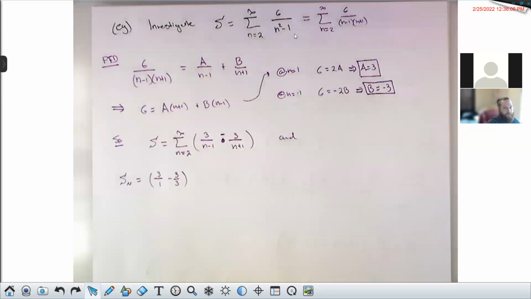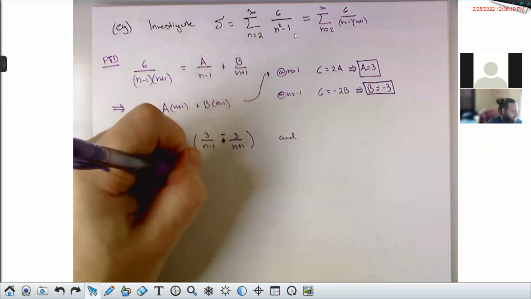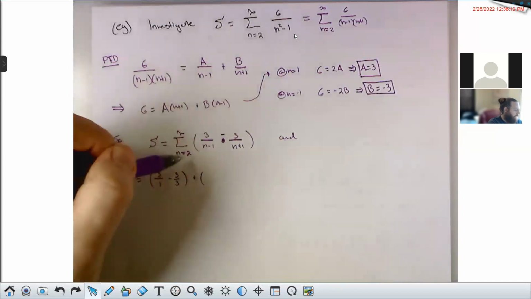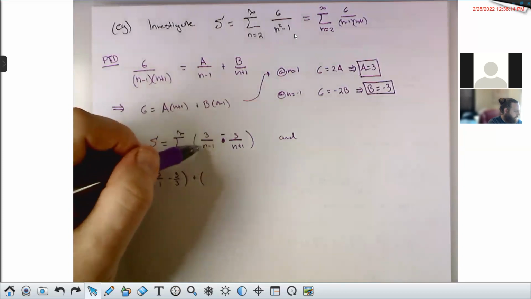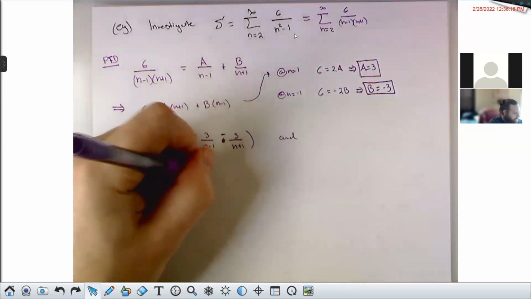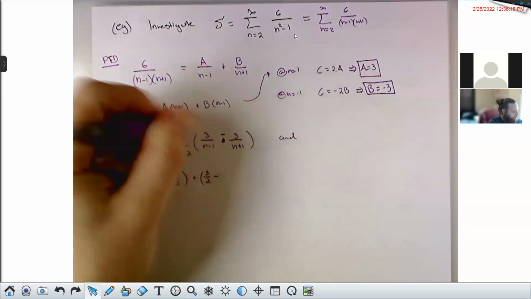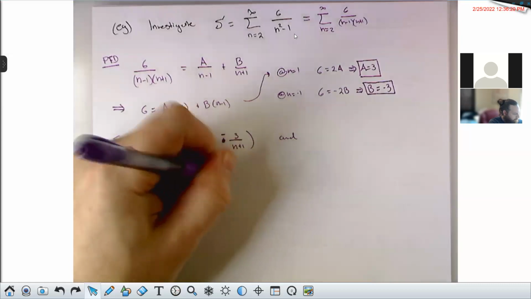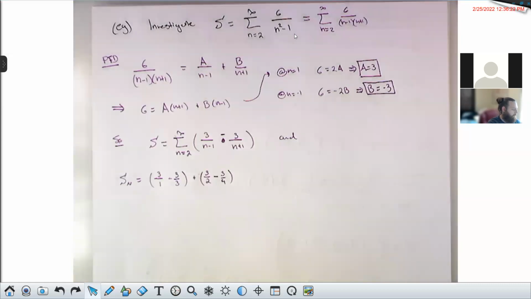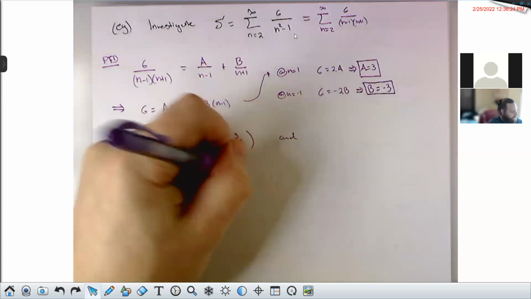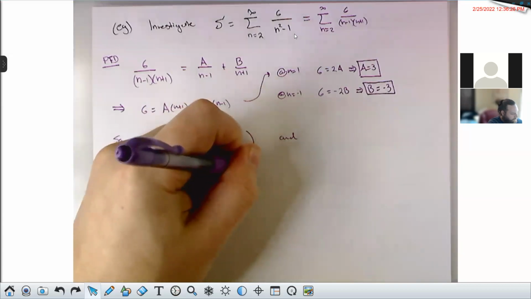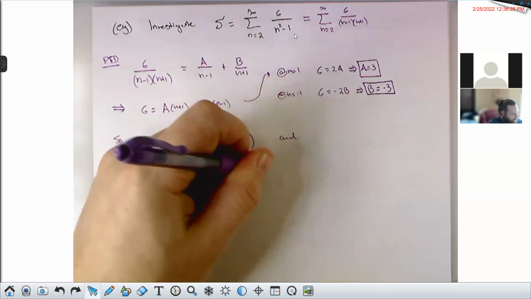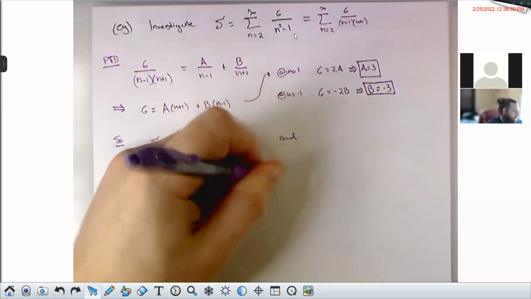And don't simplify. When you do this, don't simplify. You'll make life harder if you do. When I plug in little n equals 3, this is 3 over 3 minus 1, which is 3 halves, minus 3 over 3 plus 1, which is 3 fourths. When I plug in little n equals 4, I get 3 over 3 minus 3 over 5.